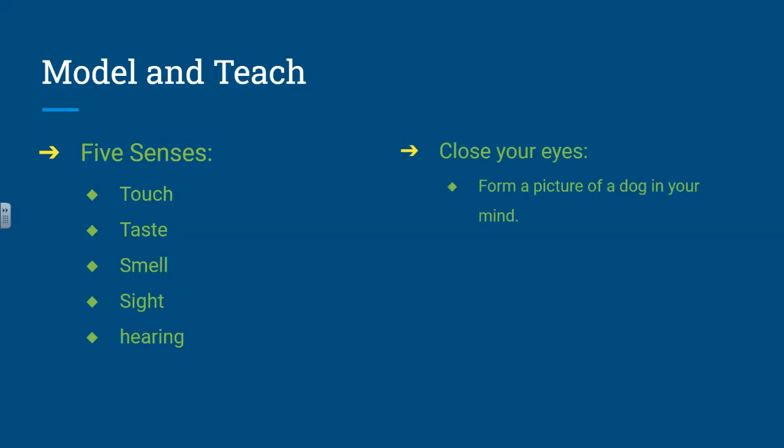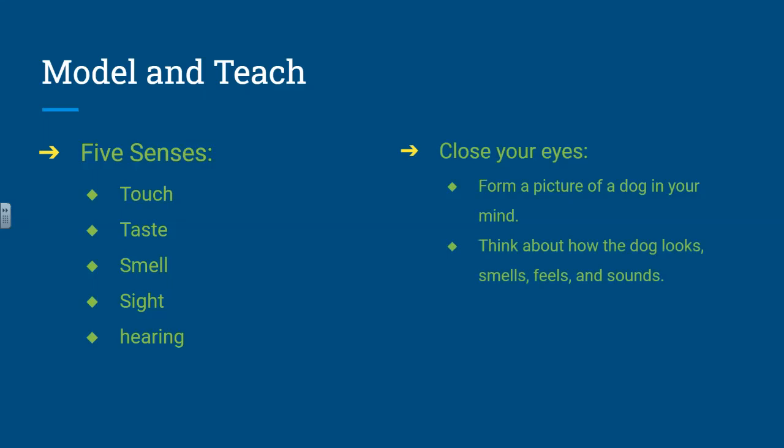Form a picture of a dog in your mind. And even further, think about how that dog looks, how that dog may smell, how the dog feels, and maybe how the dog sounds.